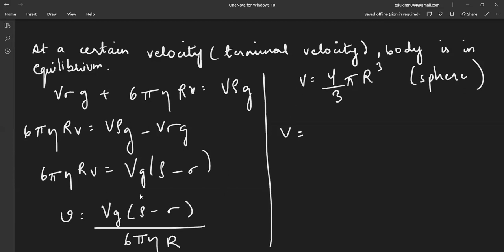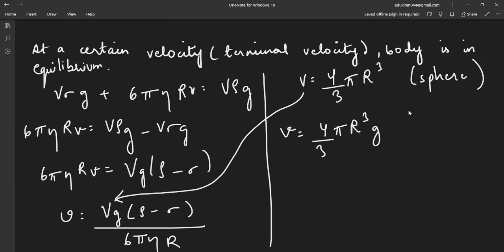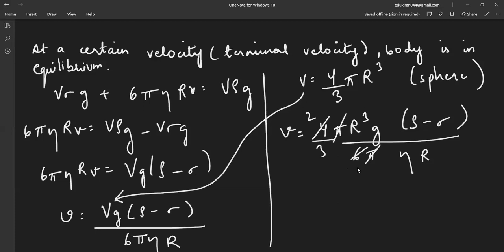This is volume. Put it from here. This was velocity. So volume will be 4/3 πR³. Here we have g(ρ minus σ) divided by 6πηR. Look, π will be cancelled. 2 into 2, 4, 2 threes are 6.